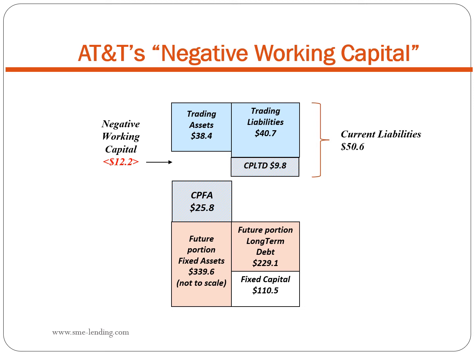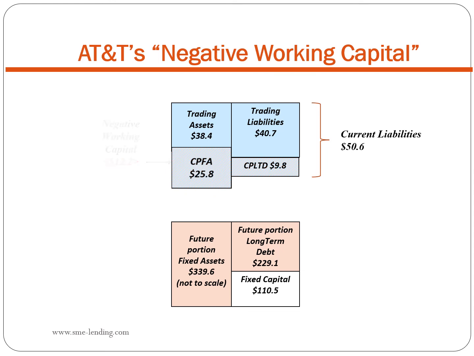And yet AT&T pays its creditors on time and enjoys an excellent credit rating. The missing piece is CPFA. AT&T generates substantial cash flow from the use of fixed assets, which, when included in current assets, changes working capital from a negative to a positive.